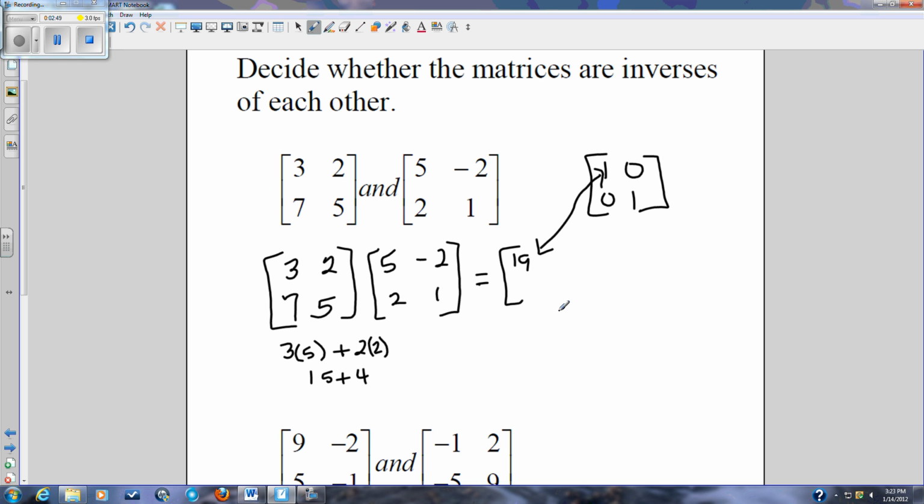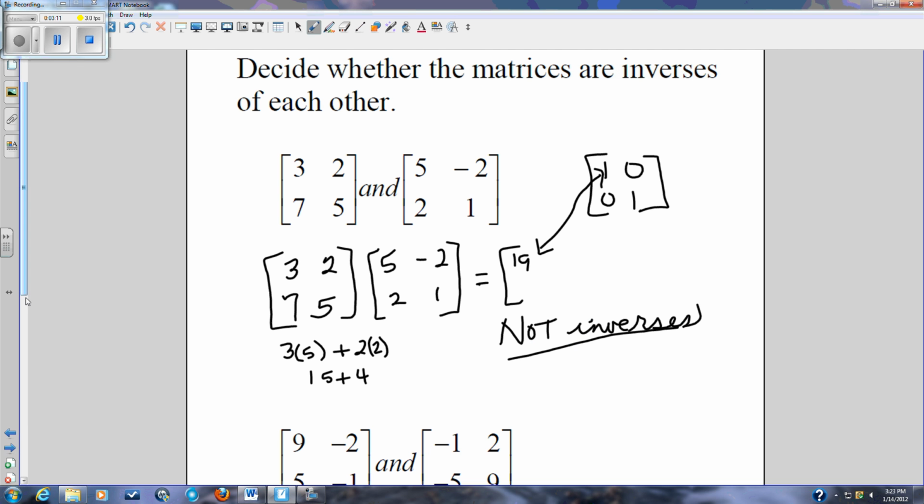So right off we can say these matrices are not inverses. So we can just write that right down. These are not inverses.